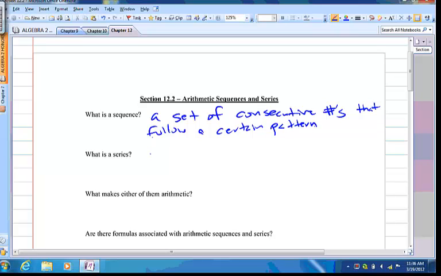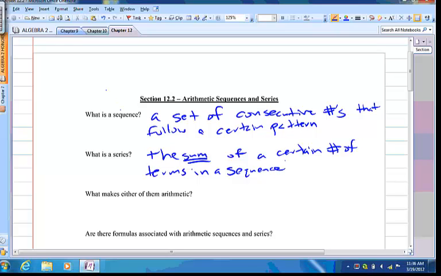A series is simply the sum of a certain number of terms in a sequence.